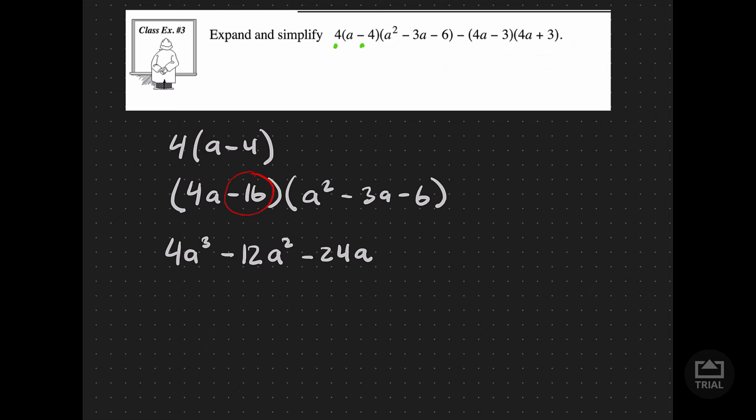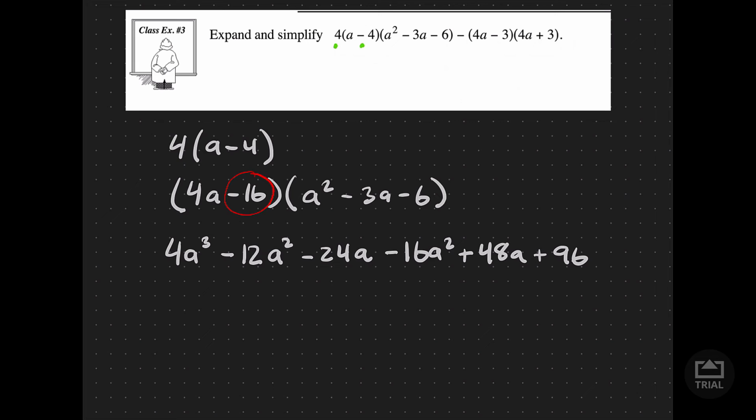So negative 16 times a squared is going to be negative 16a squared. Negative 16 times negative 3 is a positive 48, and don't forget the a. And negative 16 times 6 is going to be a 96. And they're both negative in this case, so it'll be a positive 96.